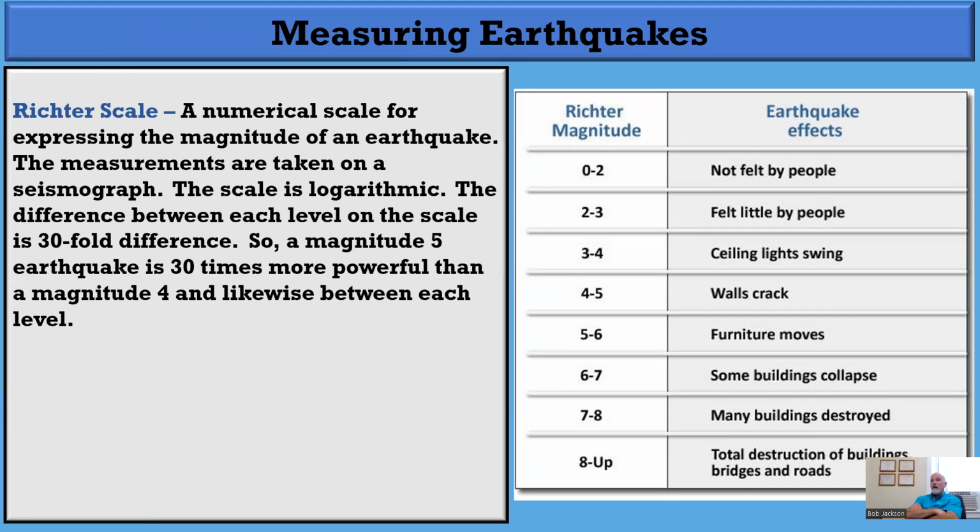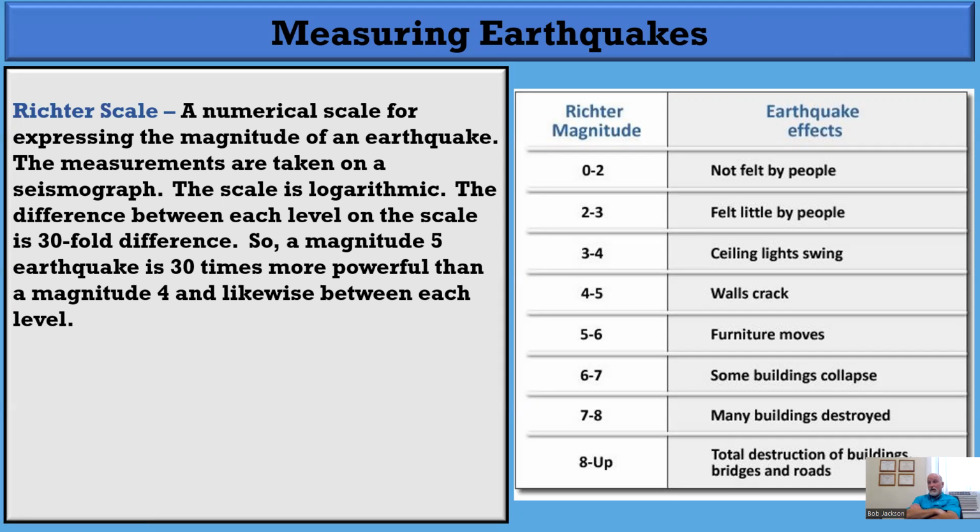So, if I have on the Richter scale a magnitude of earthquake of 3, and then one that's 4, 4 is 30 times larger magnitude of an earthquake than a 3.